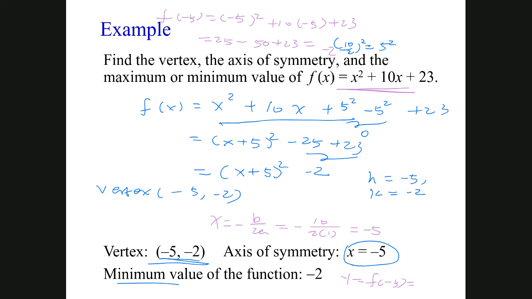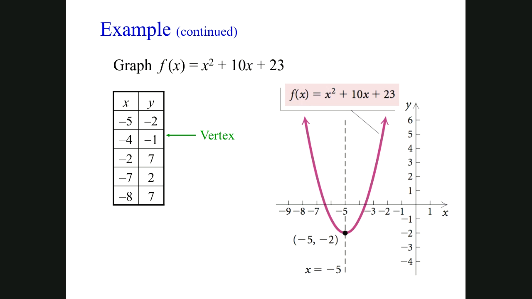If you graph this, the vertex is at negative 5 and negative 2, and it's facing up. This is the axis of symmetry, x equals negative 5, and you have a minimum. The y minimum here is negative 2. So once you find the vertex, you can answer every question here.